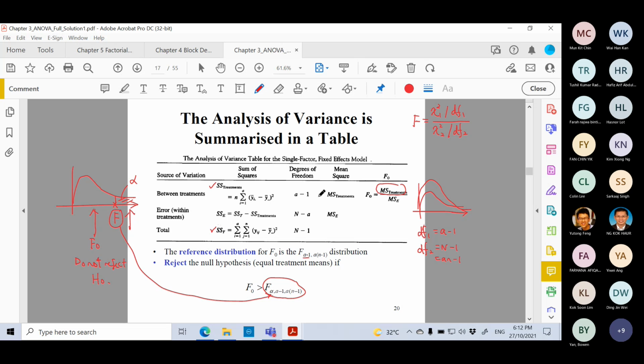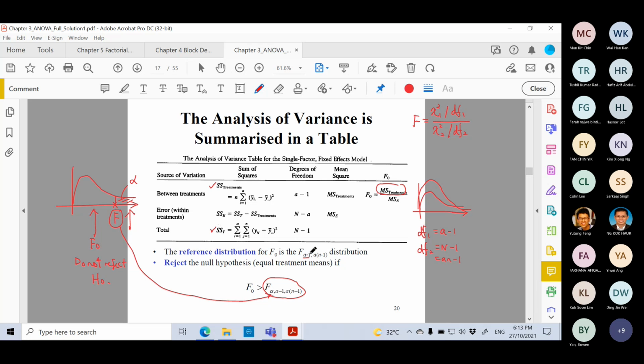In fact, you can see that your SS for treatment divided by its degrees of freedom is one of the chi-squares here. The second one, SS for error divided by its degrees of freedom, gives you the MSE. The ratio of these two will follow the F distribution.